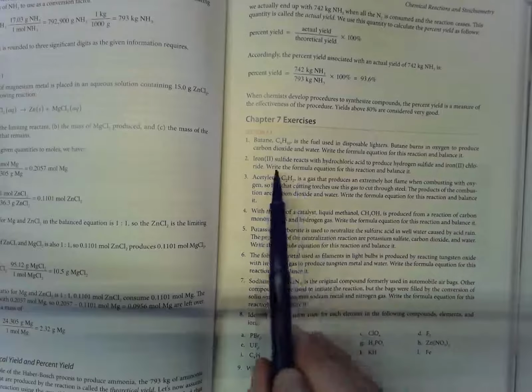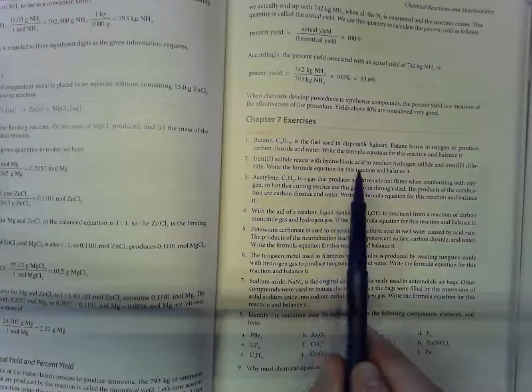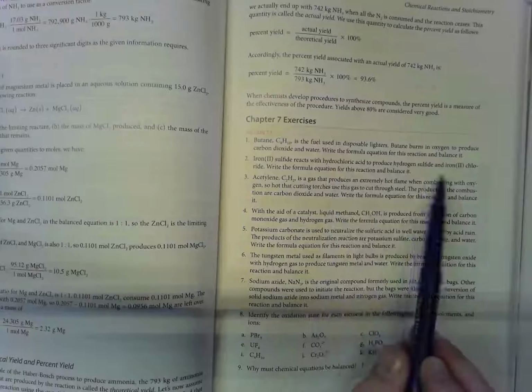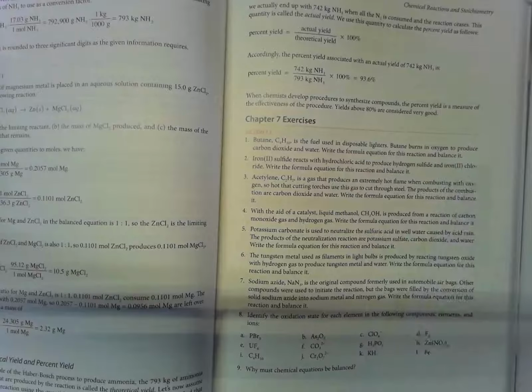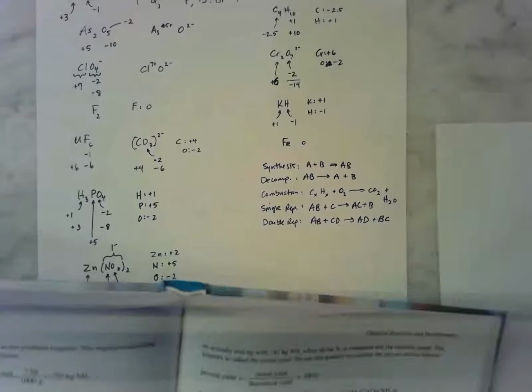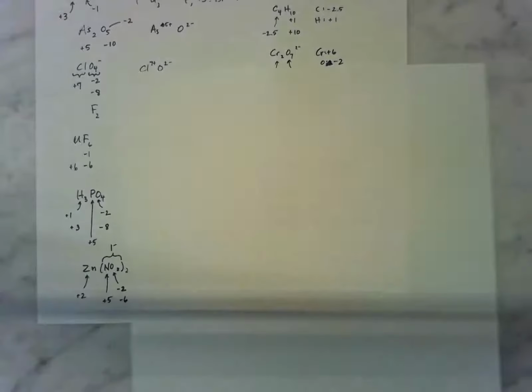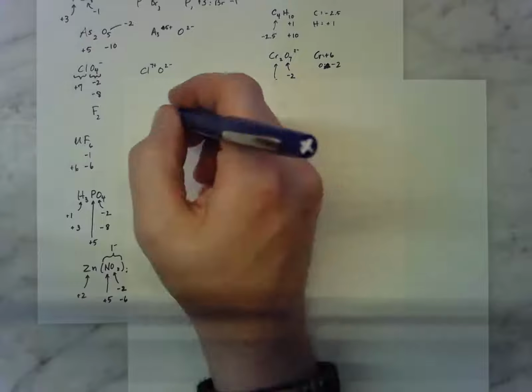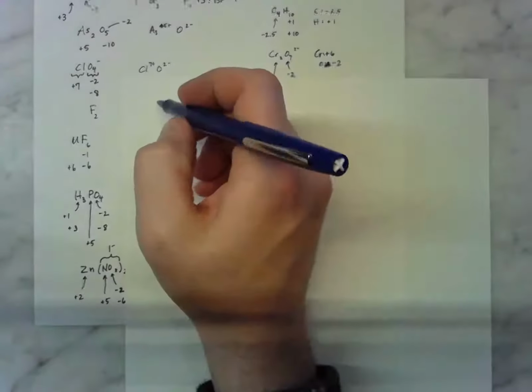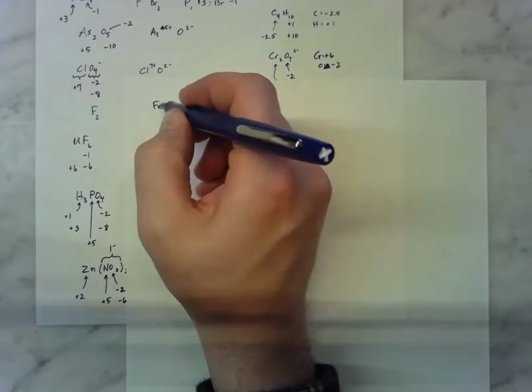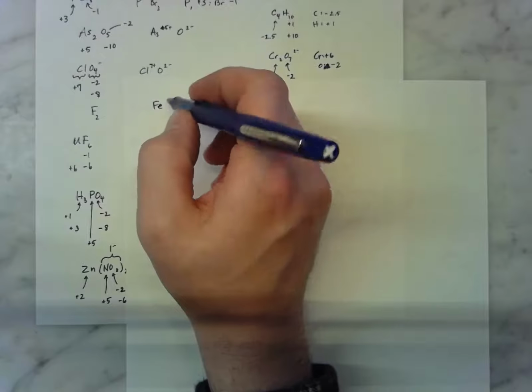All right, iron sulfide reacts with hydrochloric acid to produce hydrogen sulfide and iron chloride. Okay, so let's just write out what it is and not try to do any more than that. We're not trying to balance it, anything like that. All right. Iron 2 sulfide, offhand, we don't even need to know what that really is.